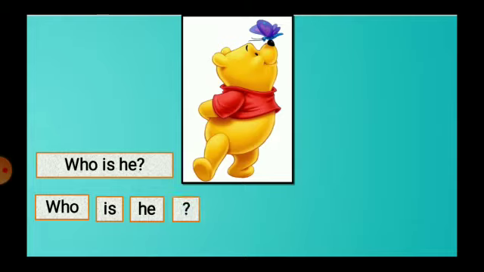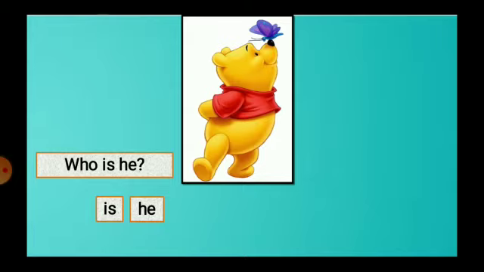Now, while writing the answer, we don't need the word who, which is a question word, right? So, we have to drop it. Also, while writing the answer, we don't use a question mark. Instead, we use a full stop. So, we drop the question mark also. Now we are left with two words from the question.